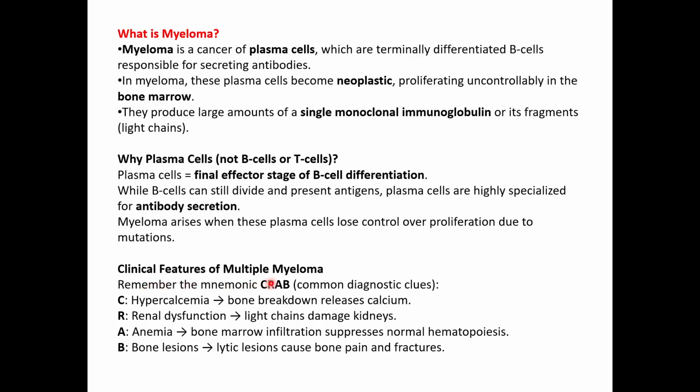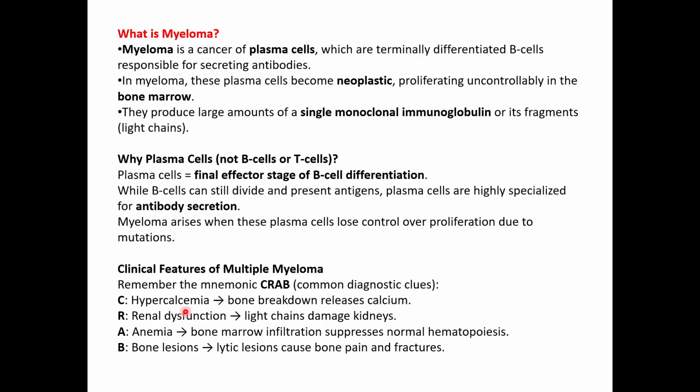Then, the clinical features of multiple myeloma. You can remember it with a mnemonic: CRAB. We have hypercalcemia, renal dysfunction, anemia, and bone lesions.